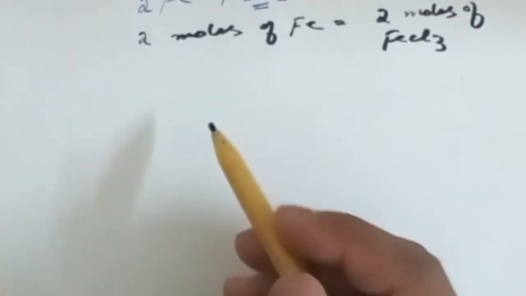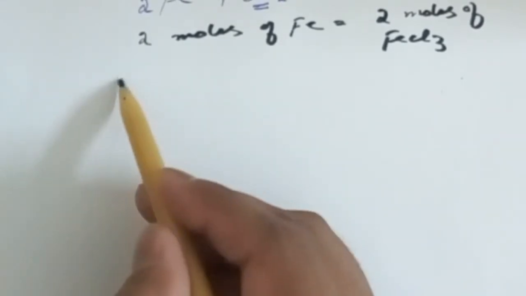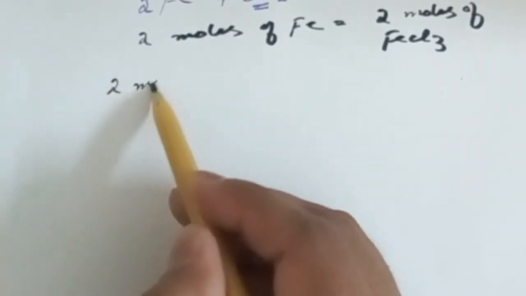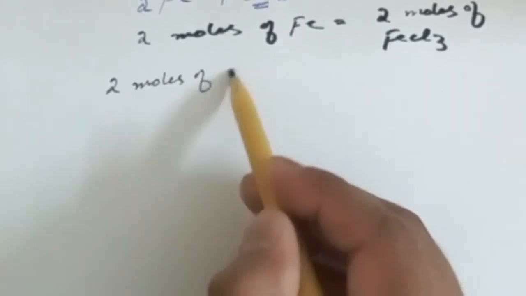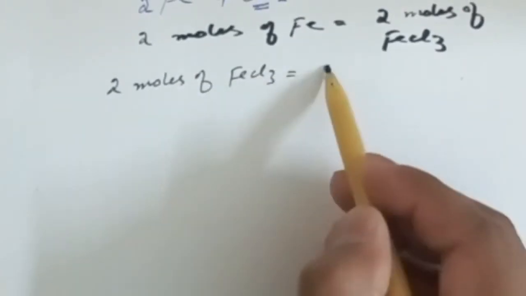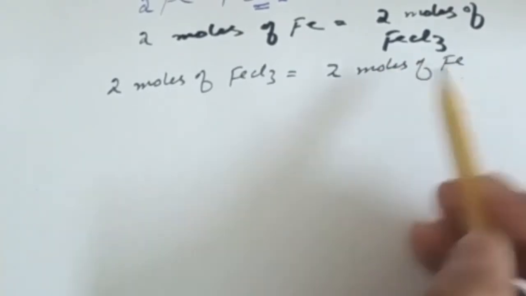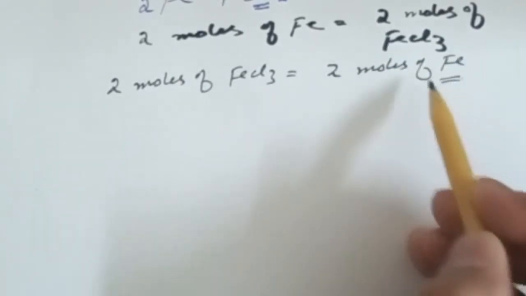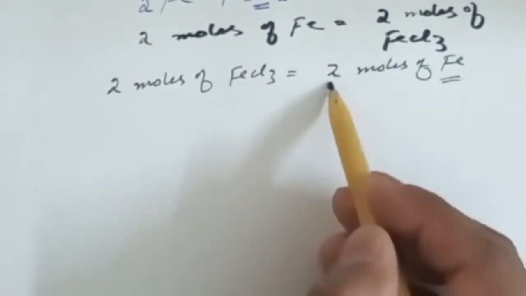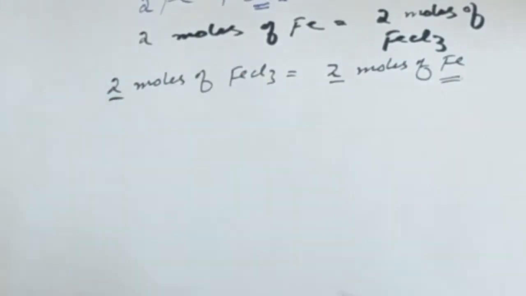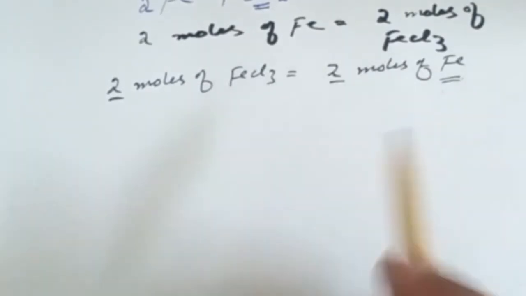Now if I write it in the inverted form, 2 moles of FeCl3 is equal to 2 moles of iron, because we need iron on the right side, so for this purpose we have inverted. There is no effect on the calculations because 2 moles are on both sides. One produces another one, and they are equal.